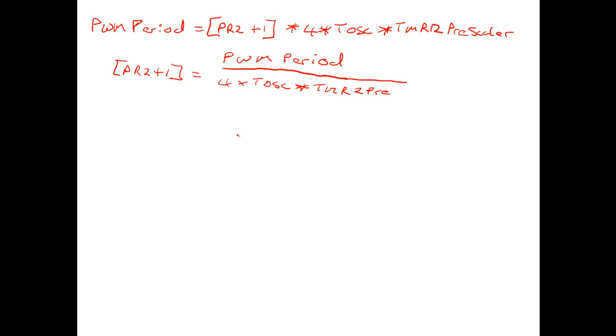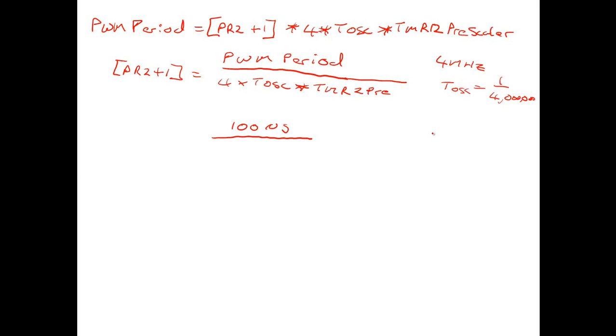So let's imagine that I've decided that I want the period of my PWM signal, including the high and the low part, to be 100 microseconds. So I'm going to put in 100 microseconds for that. Let's say that I've got a 4 megahertz crystal. Now, if we want to find out the T oscillator, in other words the period of that oscillator, it's 1 over 4 million.